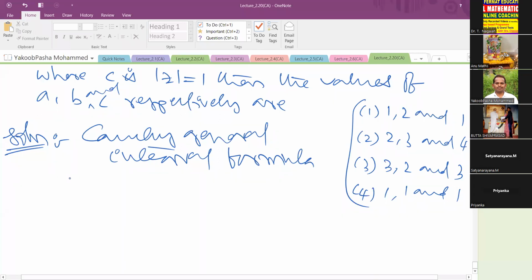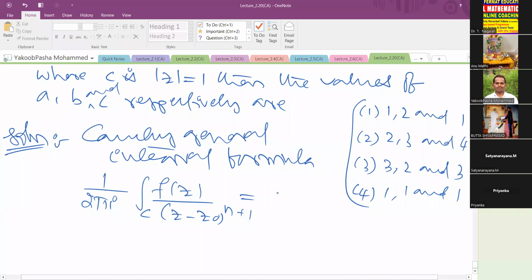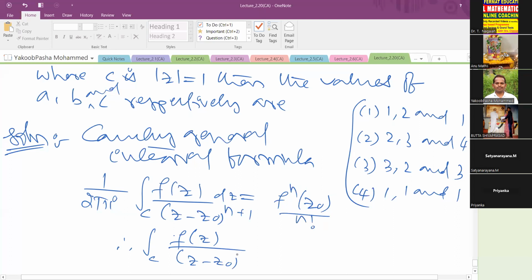From this formula, 1 by 2 pi i times the integral over C of f of z divided by z minus z naught whole to the power of n plus 1 is equal to the nth derivative of f at z naught divided by n factorial. Rearranging, the integral over C of f of z divided by z minus z naught whole to the power of n plus 1 dz is equal to 2 pi i times f nth derivative at z naught divided by n factorial.